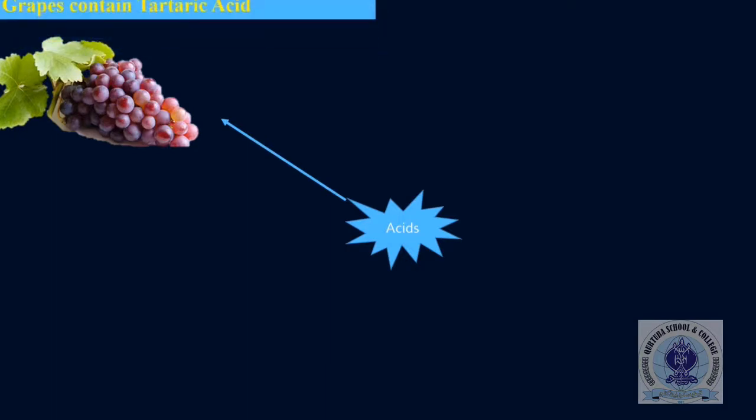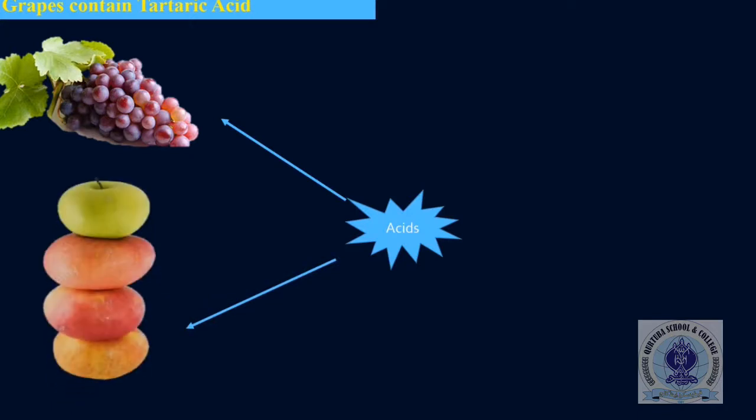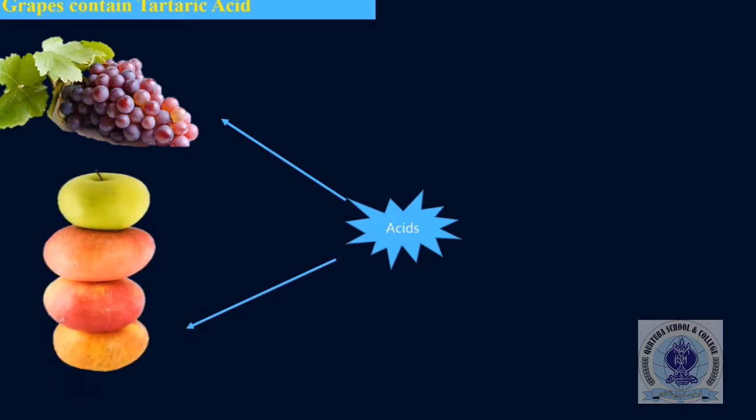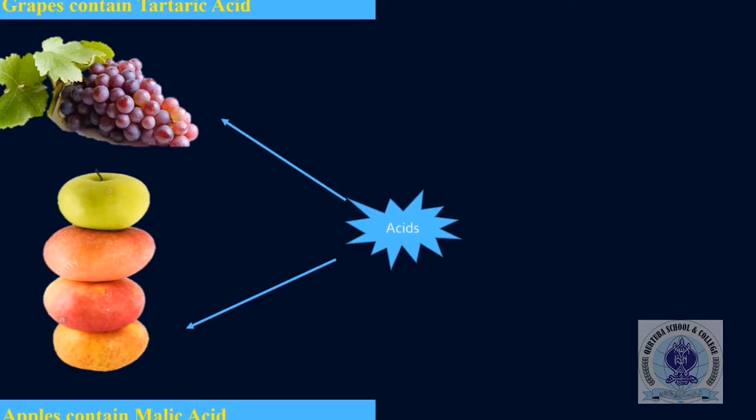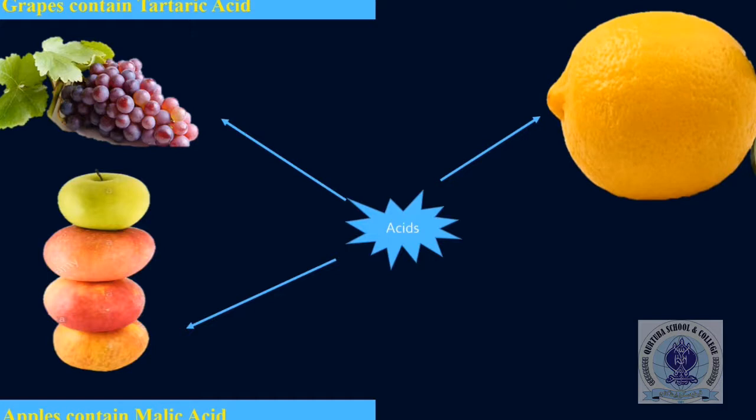Now here are some common life examples of acids. Here we have discussed only 4 examples. Here you can see grapes. The grapes actually contain tartaric acid. Another example of acid is apples. Apples contain malic acid in larger quantity, while tartaric acid along with citric acid in lesser quantity. The third example of acid is lemon or oranges.